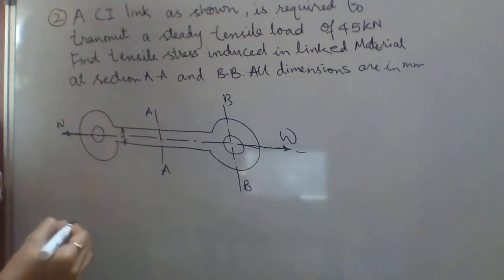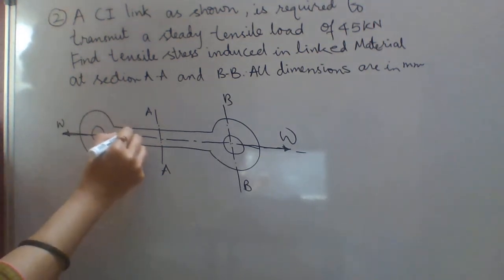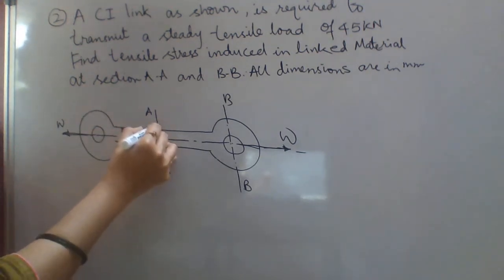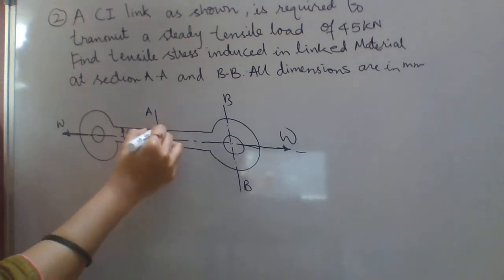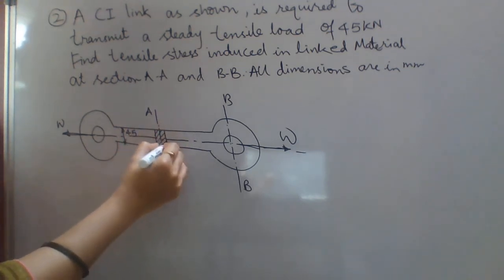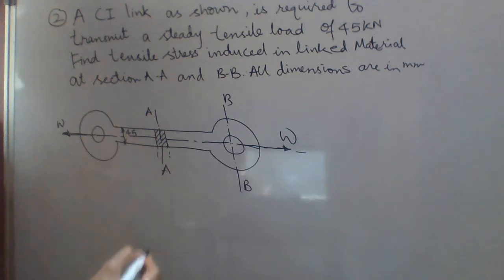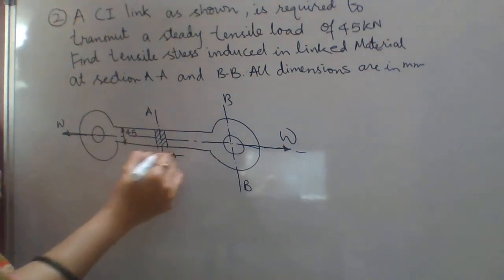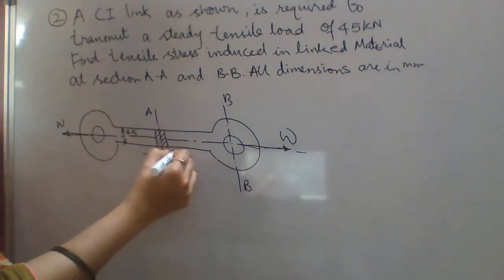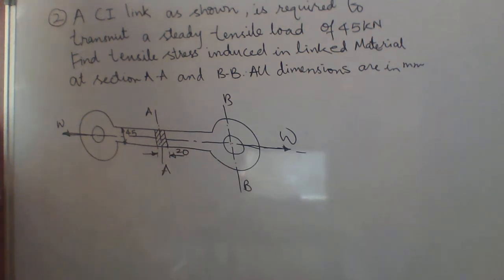The depth of this link is given 45, and with hatching the dimension is given, then this will be the thickness. So this is given 20.